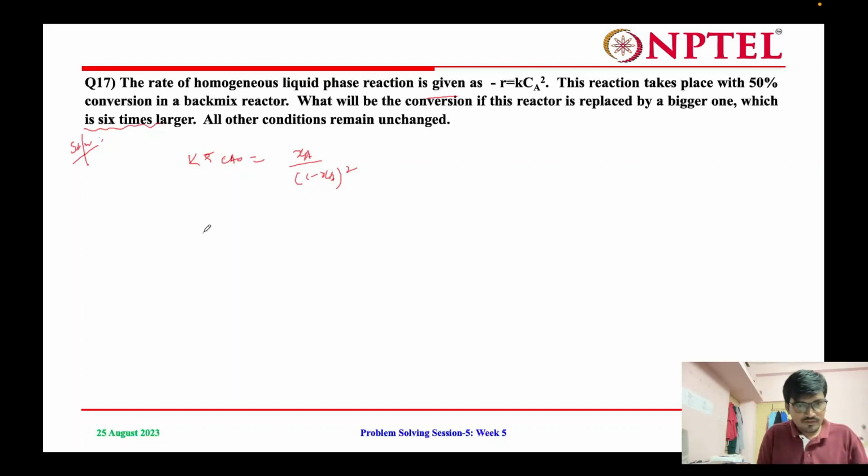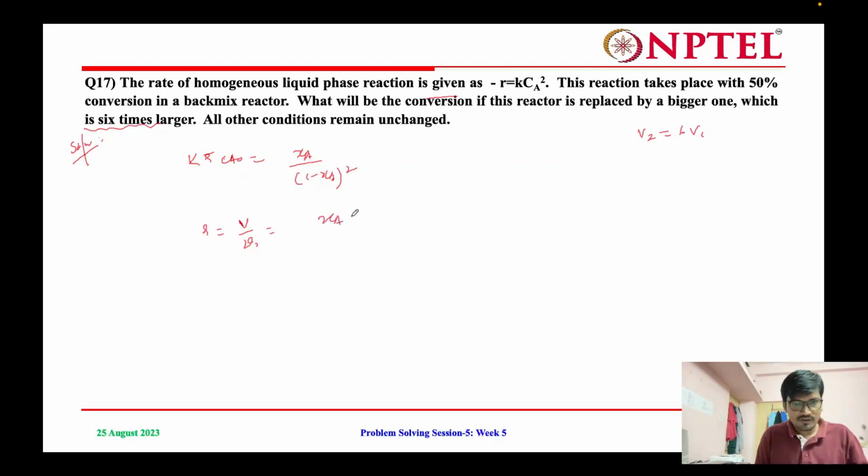So how do we go? V by V naught. Here it is mentioned that the reactor is 6 times larger, meaning V2 equal to 6 times V1.